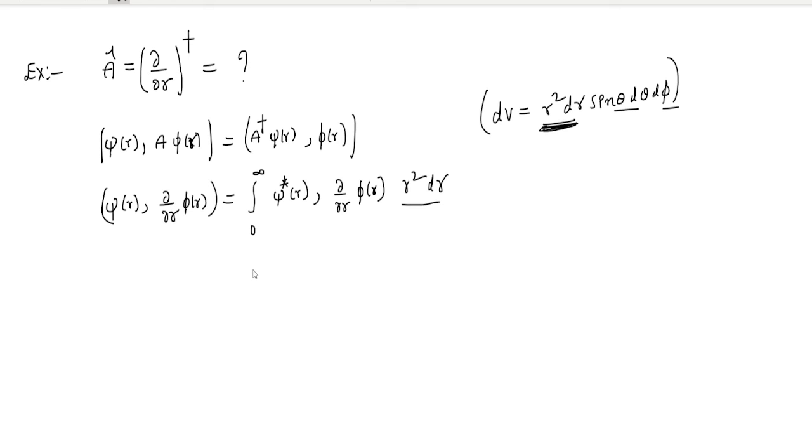Now try to solve this equation by integration by parts.